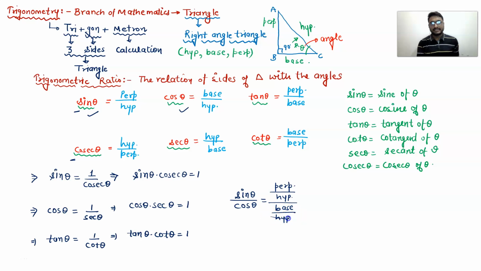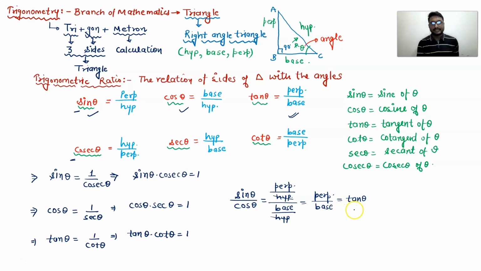Now you can see this hypotenuse will be cancelled out. The remaining value is perpendicular over base, which is the third value, that is tan theta.